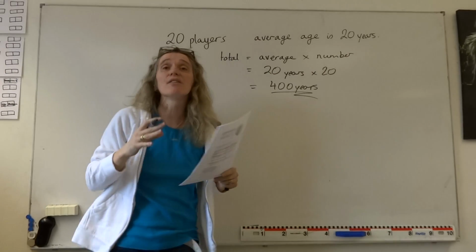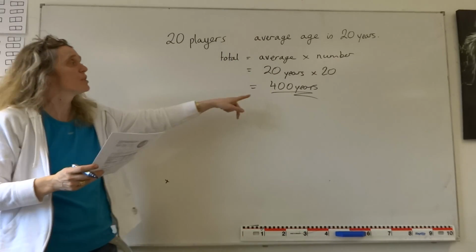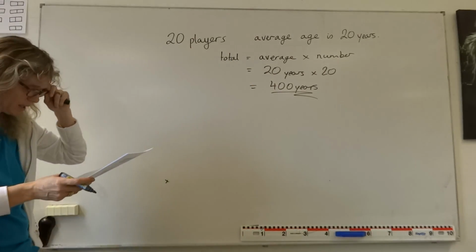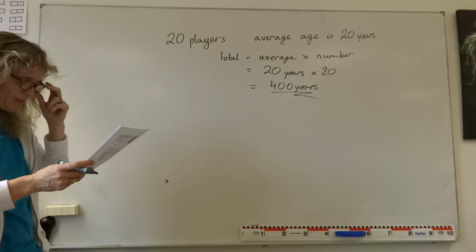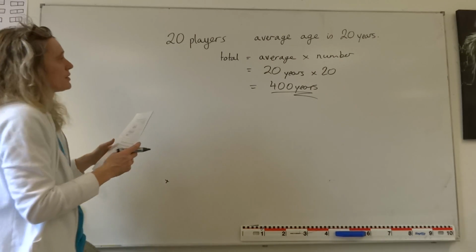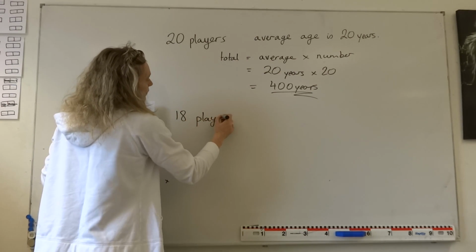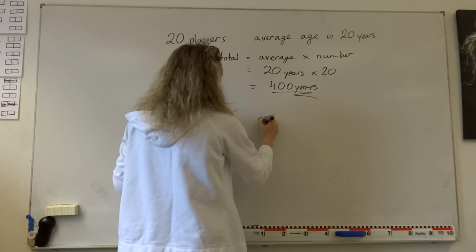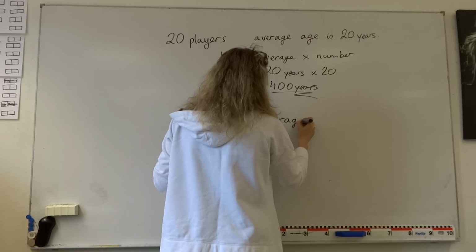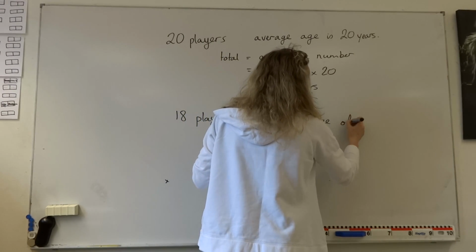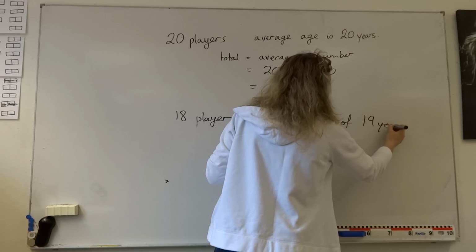It doesn't matter what the individual ages of those people were, the total number of years of those people in the team will be 400. But then 2 of the players quit. So we now know that 18 players now have an average age of 19 years old.